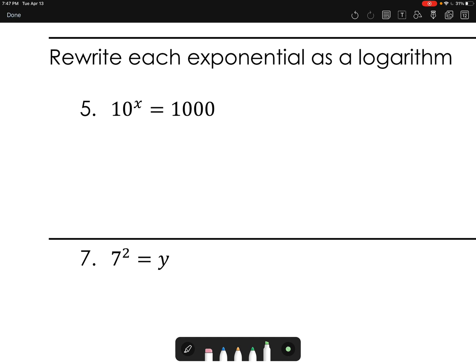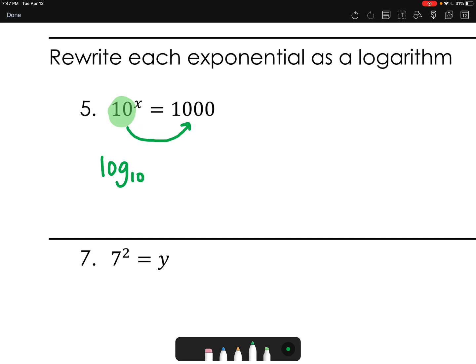First, you're finding your base, and in an exponential form, your base is what is attached to your exponent. So in this problem right here, my 10 is attached to my exponent, so 10 is my base. So when I'm writing in log form, my 10 goes down at the bottom. I'm still going in a circle.